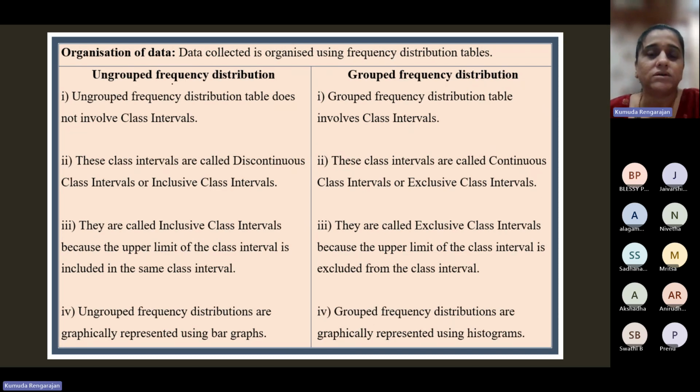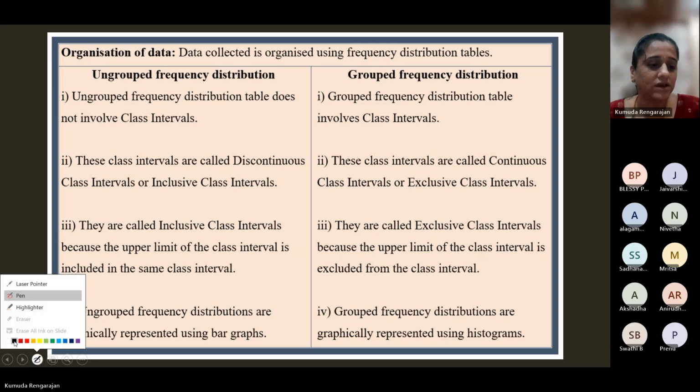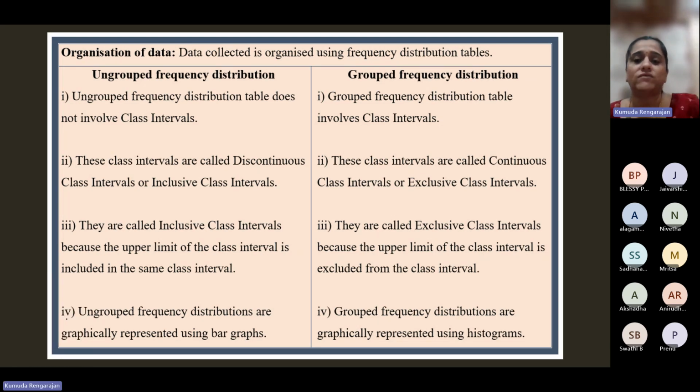So now ungrouped, in simple words, is without using class intervals. Frequency distribution without using class intervals is an ungrouped frequency distribution. Grouped frequency distribution is a frequency distribution involving class intervals.